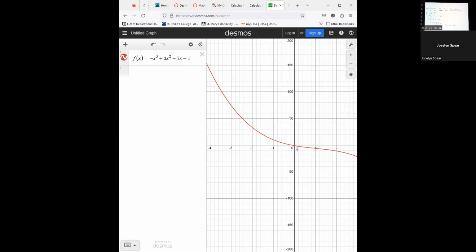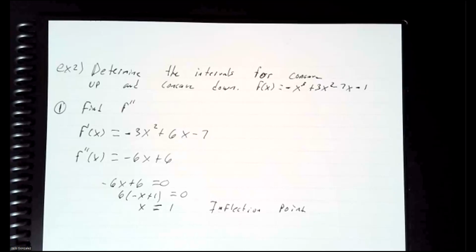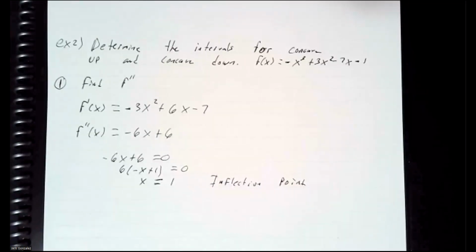I know what I want to see: concave up and then concave down. We can kind of see the answer, and if not, we'll just test around it. But anyway, we have the inflection point.